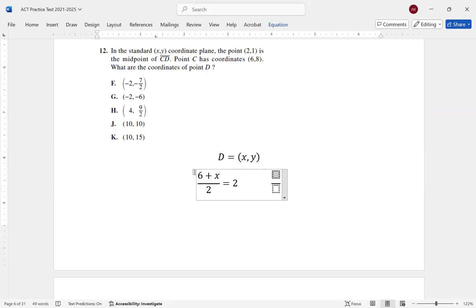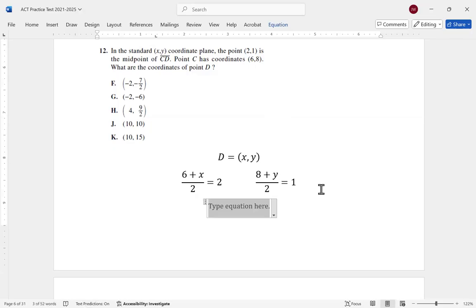For the Y values, the Y value of C, which is 8, plus the Y value of D, which we called just Y, over 2, that's the average of the Y values of C and D, should be equal to 1, that is the Y value of the midpoint. So we get these two equations that we can solve. We can solve this one for X, we can solve this one for Y, and then we're good to go.